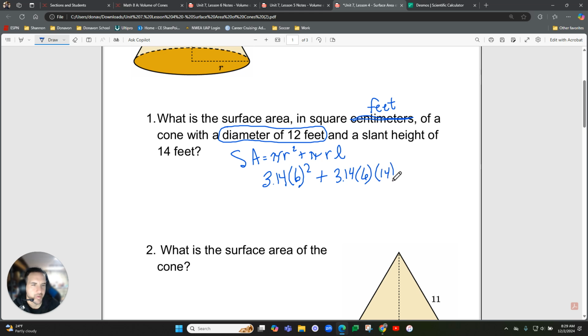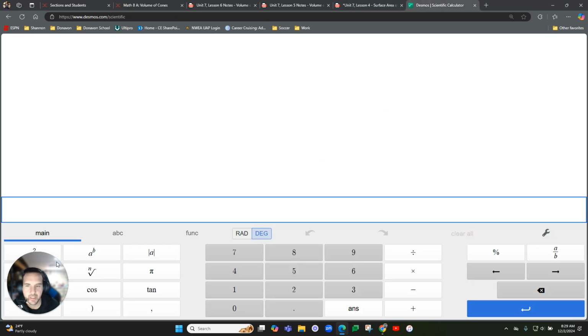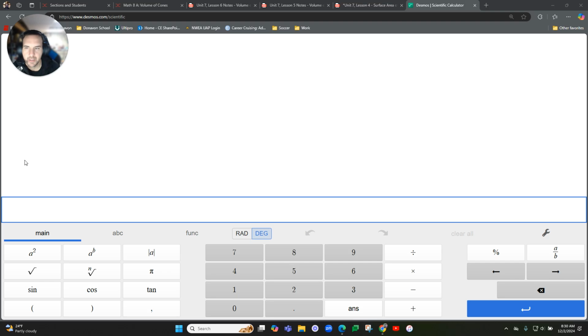I'm putting it in parentheses. When I put it into Desmos, I'll just put a multiplication sign. So 3.14 times 6 squared. Okay, that's the first part. Plus 3.14 times 6 times 14.